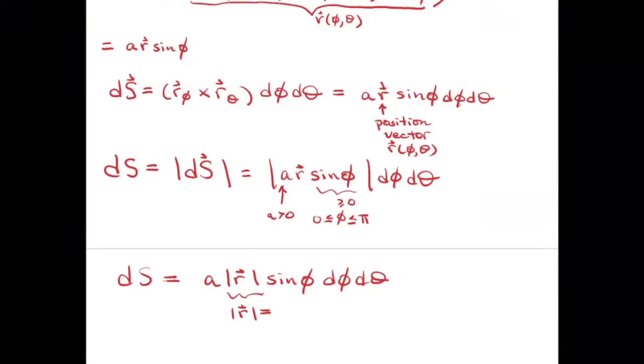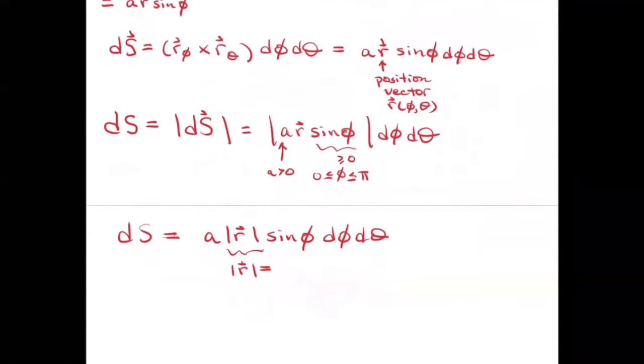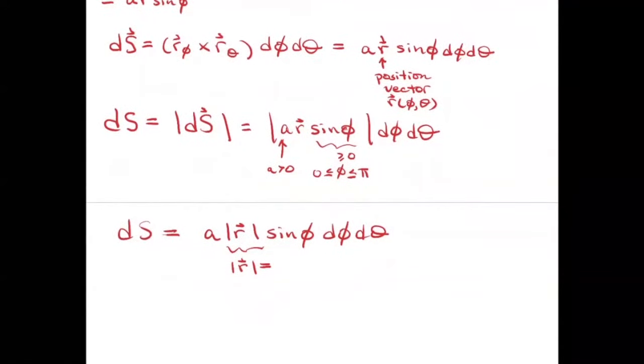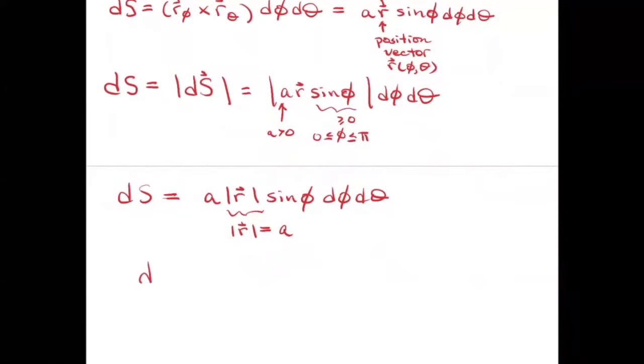Again, the magnitude of r is the distance from the origin to a point on the sphere. That is by definition the radius of the sphere. So the magnitude of r is a, and therefore ds is a square sine phi d phi d theta.